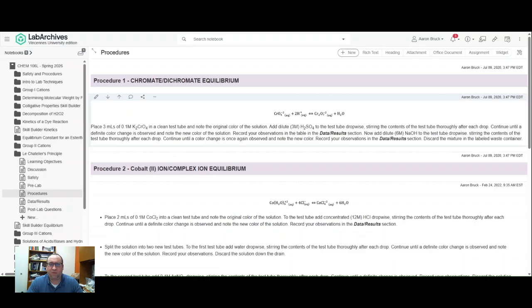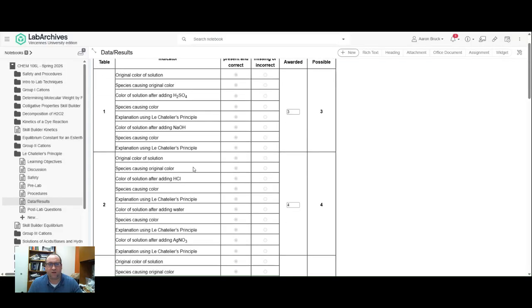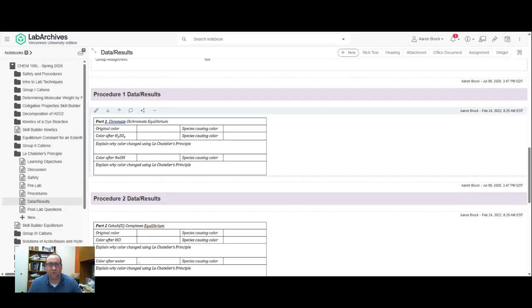So the experiment itself, there are 4 reactions that you're going to be looking at. And in those reactions, you are going to be recording observations related to what the equilibrium system looks like right now. So if you were to pick up this bottle, what would the equilibrium system look like at that moment?